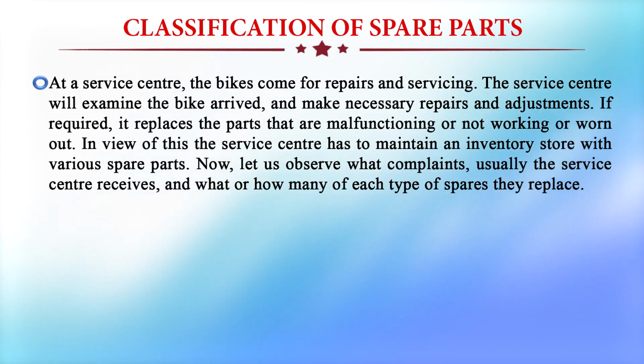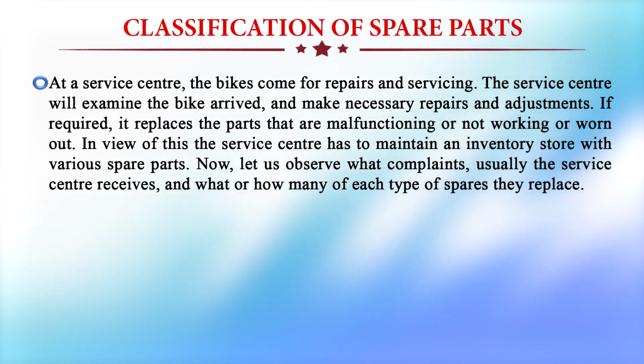Now, let us observe what complaints the service center usually receives and how many of each type of spare they replace. We have to maintain the quantities, or the stocks.